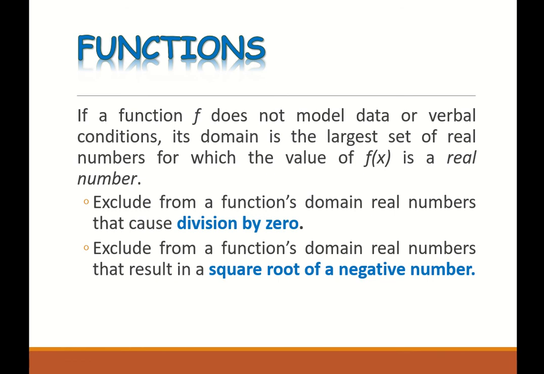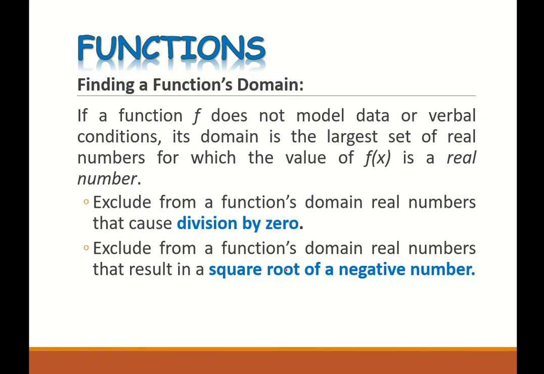So we need to exclude from a function's domain real numbers that can cause division by 0. And also we have to exclude from a function's domain real numbers that result in a square root of a negative number. Alright, so we have to remember this concept so that we can use it in the next few slides.